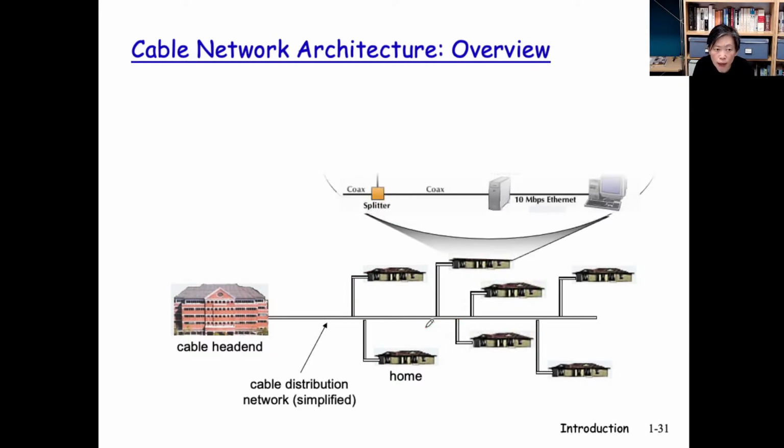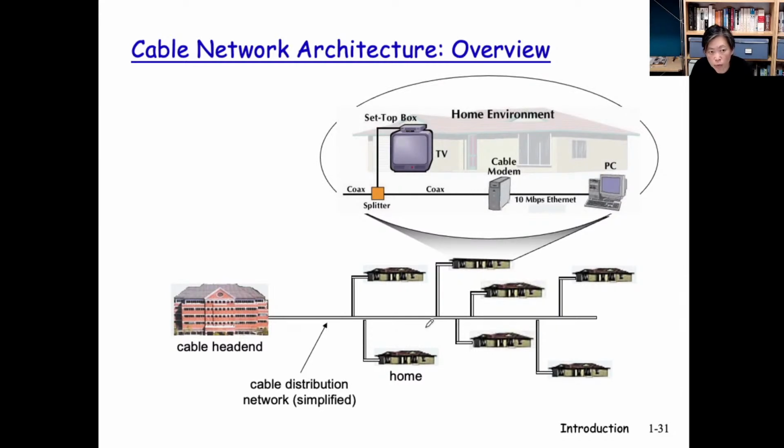Now, if you have the cable modem installed at home, the infrastructure is going to look a little bit more extended, but most of the extensions are inside the household as well as in the central office of the cable company. If you look at this picture here, it's very familiar, right? Just like DSL.